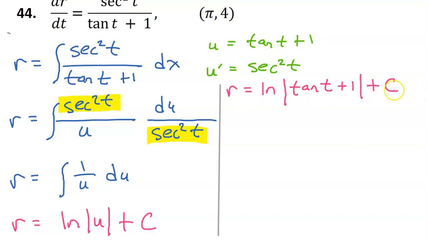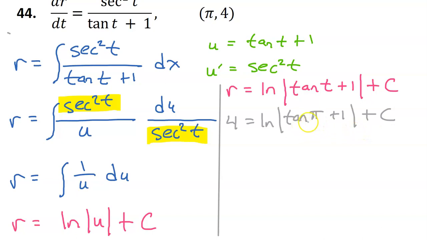Now let's find the value of C. So let's substitute pi in for t, and let's put 4 in for r. So we have 4 equals natural log absolute value of tangent pi plus 1, plus c.